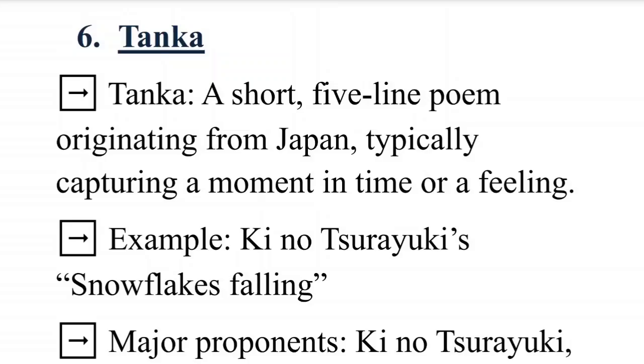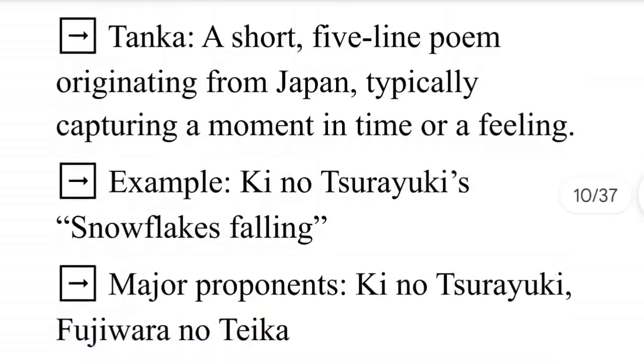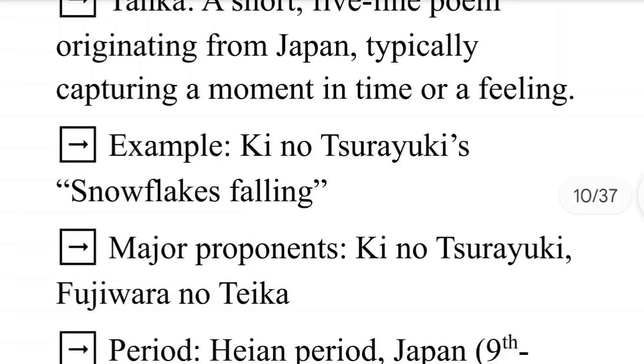And the example is Ki no Tsurayuki's Snowflakes Falling. Yes, this is the best example for tanka. The major proponents of tanka are Ki no Tsurayuki and Fujiwara no Teika.